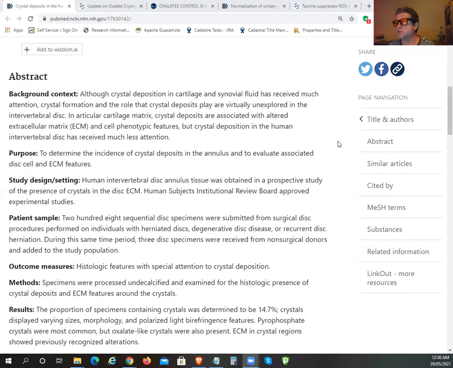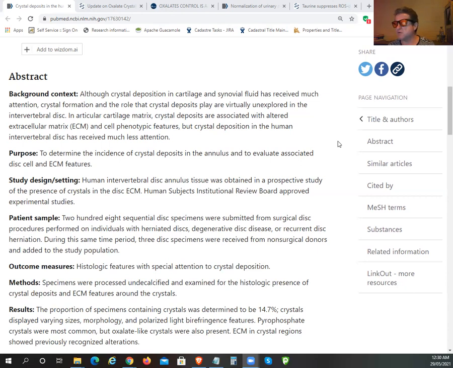Patient samples, 200 sequential disc specimens were submitted from surgical disc procedures performed on individuals with herniated discs, degenerative disc disease, or recurrent disc herniation. During the same period, 3 disc specimens were received from non-surgical donors and added to the study population. Outcomes: histological features with specific attention to crystal depositions.